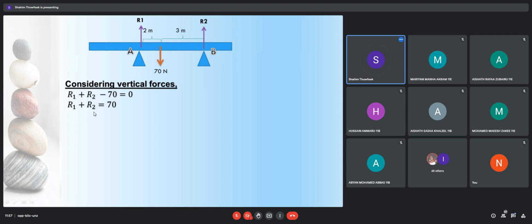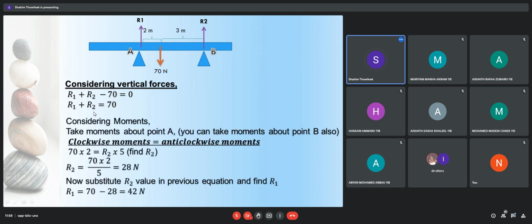Here I am choosing point A as my pivot point and taking moments about point A. You can take moments about point B also. There is nothing wrong there. Then clockwise moments equal anti-clockwise moments.